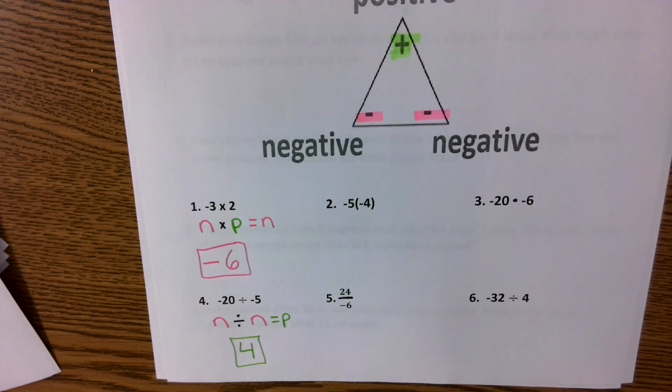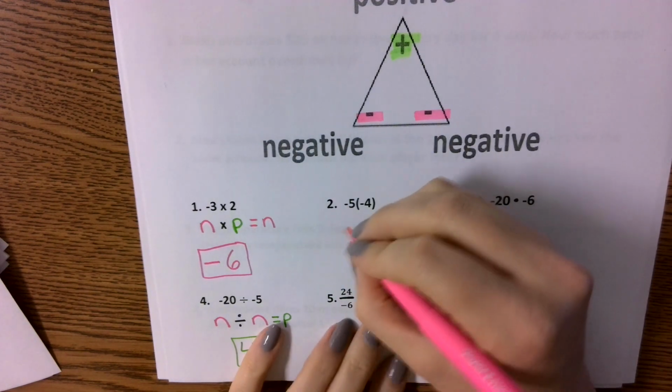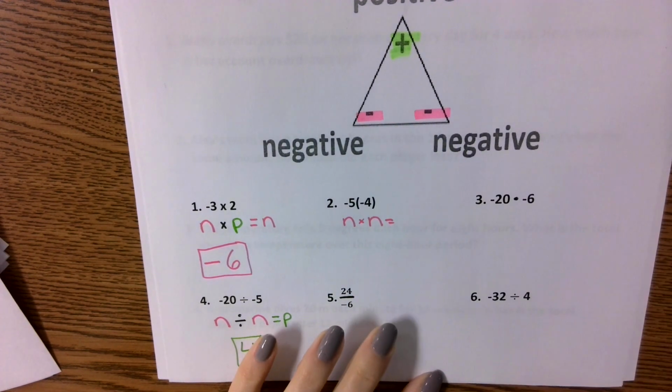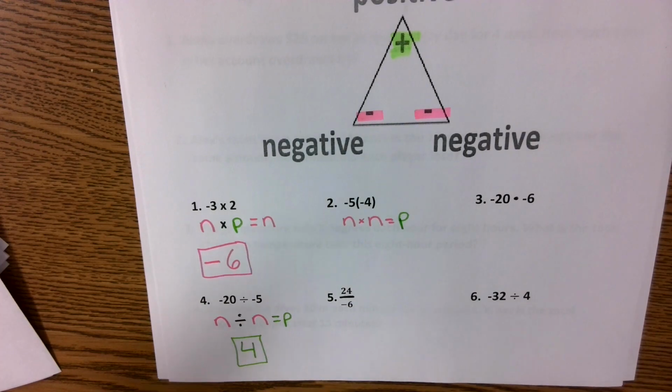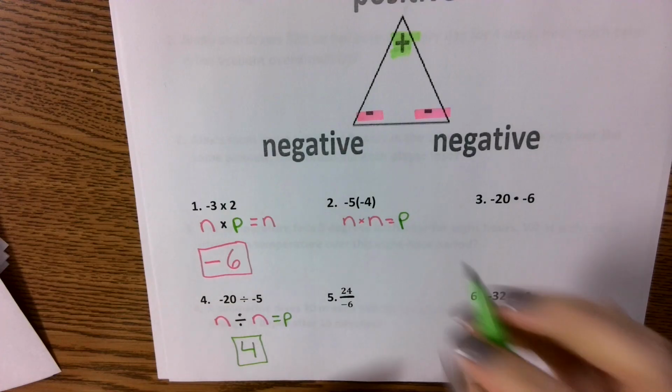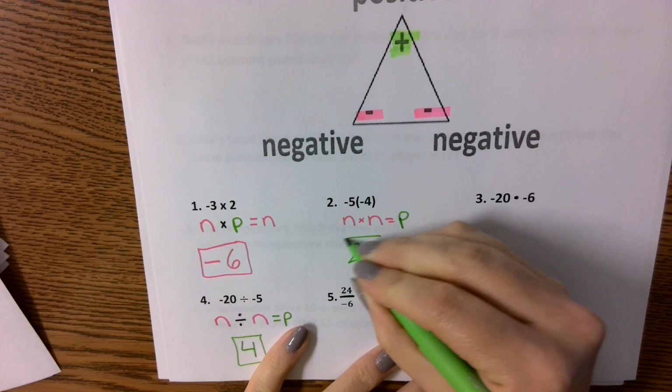He called on his lifeline. Bubba helped him out. Okay, so we got 20. So we do have, Damien's right, we do have a negative that's being multiplied by another negative, and that's going to come out to a positive. So he is correct with the positive. And then when we multiply the numbers, negative 5 times negative 4 is a positive 20.